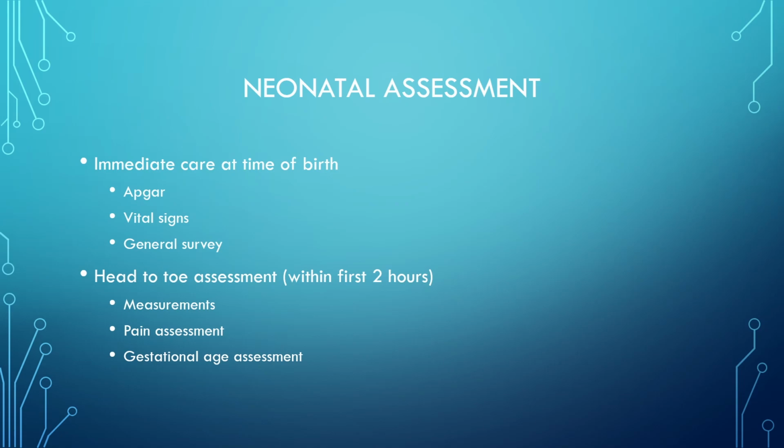After that time, once mom's ready to give baby up, and you bring the baby over to the warmer, that's when you're going to do a full head to toe assessment. This should be done within about the first 2 hours of life, and will include your measurements, a pain assessment, a gestational age assessment if needed, and also a full head to toe look at your baby.